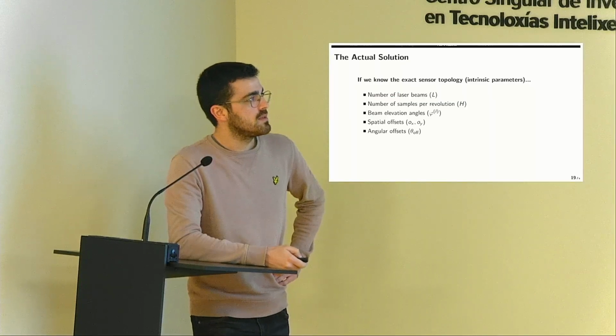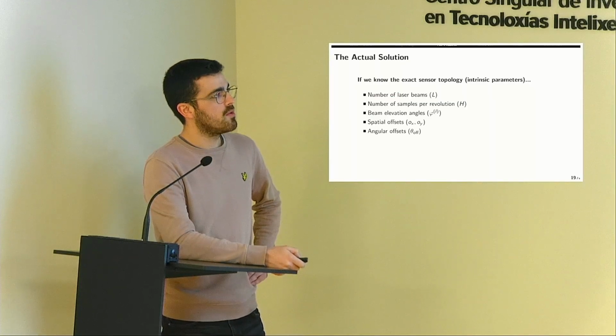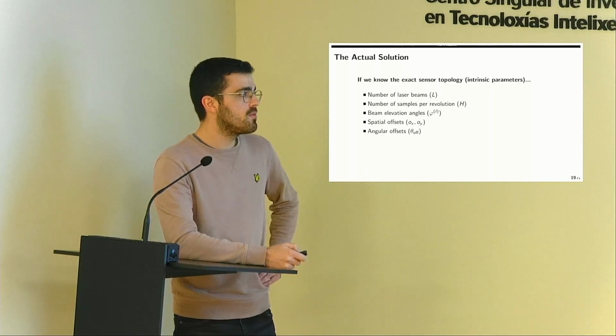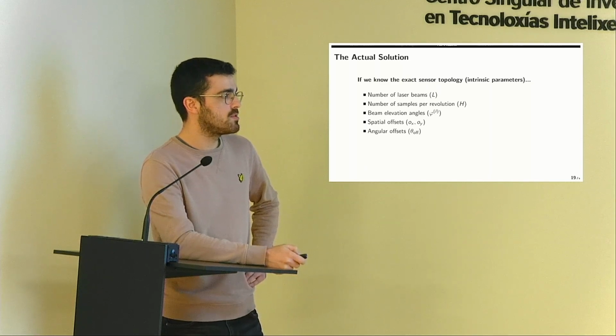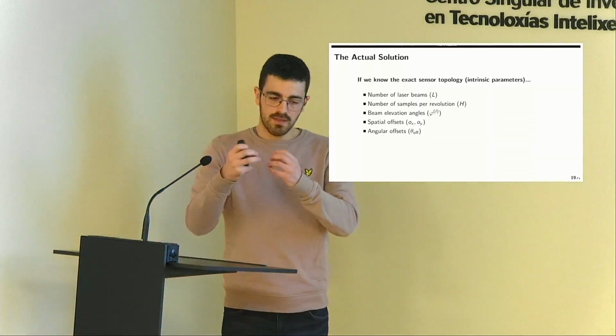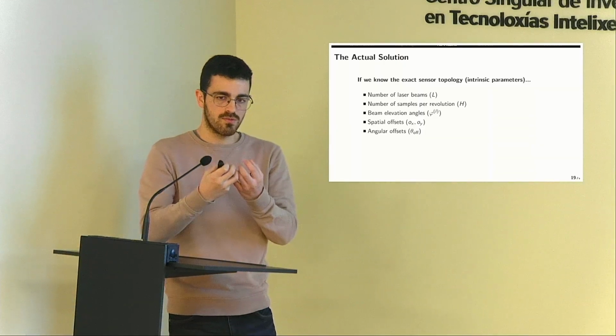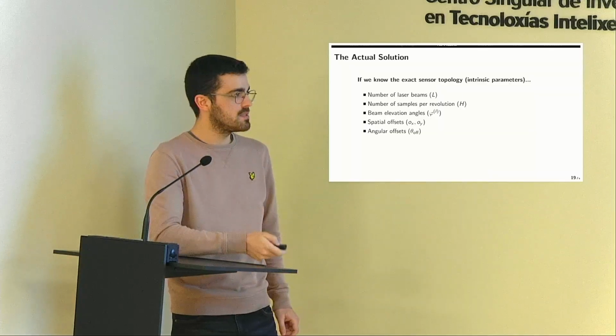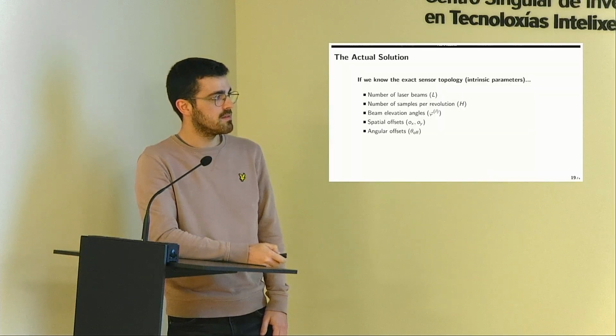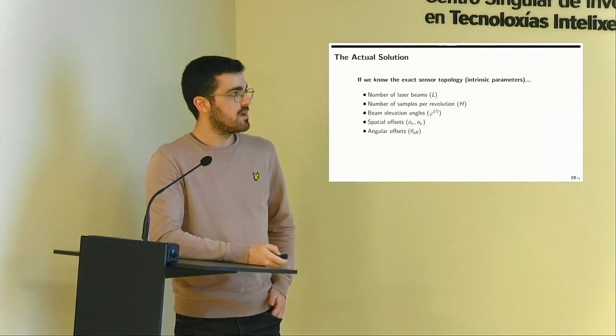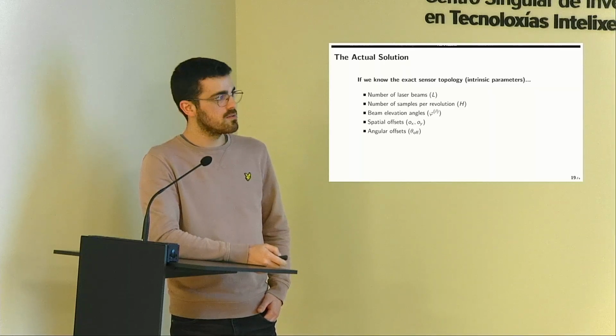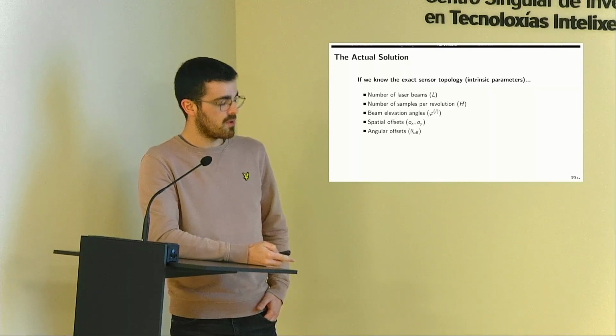The actual solution is that if we know the exact topology of the sensor, meaning the laser beams, the number of samples per revolution, the elevation angles, the spatial offsets, like if we know exactly how the sensor is constructed, how the lasers are positioned, all these tiny offsets and angles, which are named the intrinsic parameters of the sensor, which describe the sensor topology.